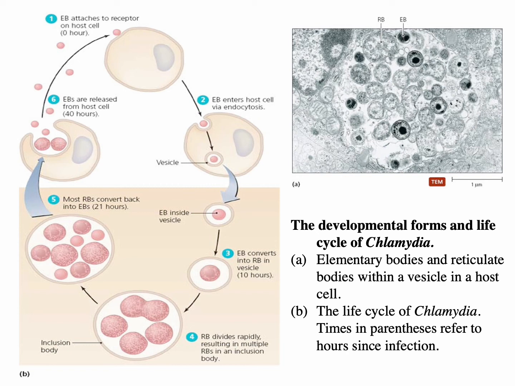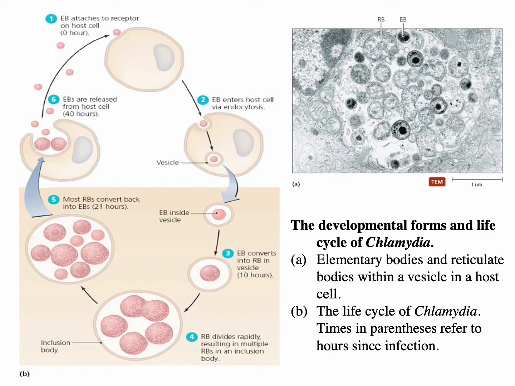Those new bacterial cells will start to mature, turning back to the EB form, and then the cell lyses and releases them. So this new EB form is now in the environment and starts infecting neighboring cells. So that cycle goes on and on.